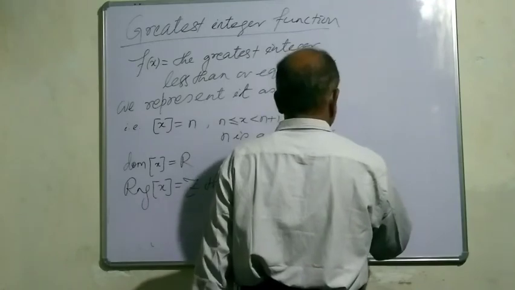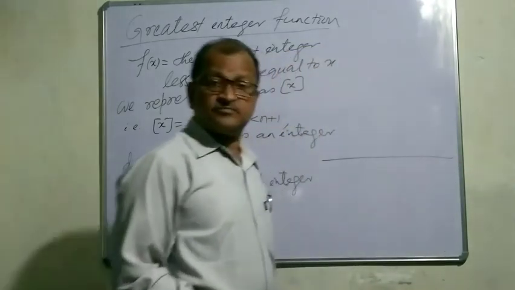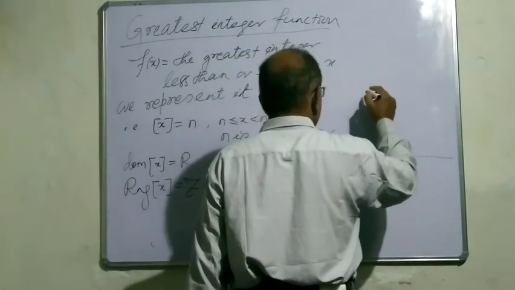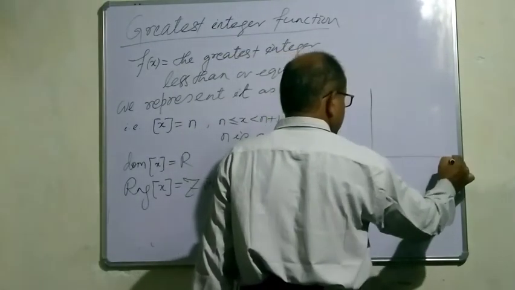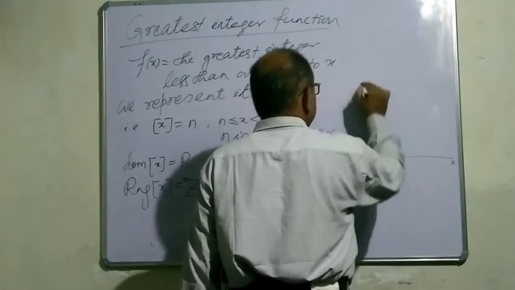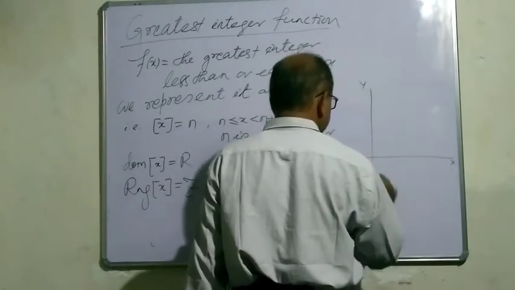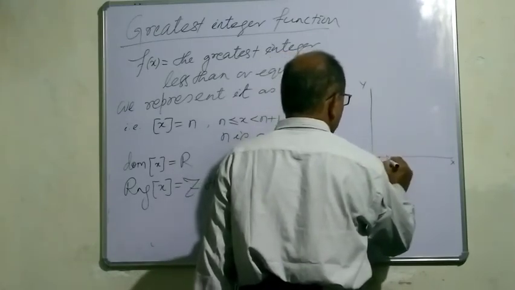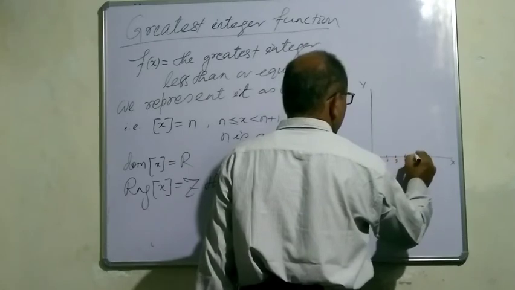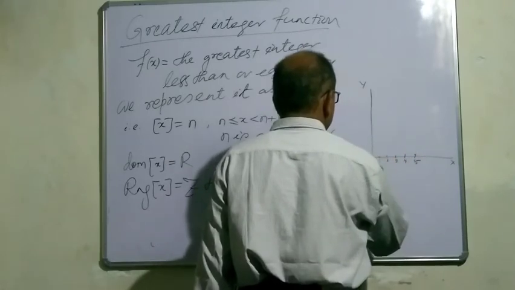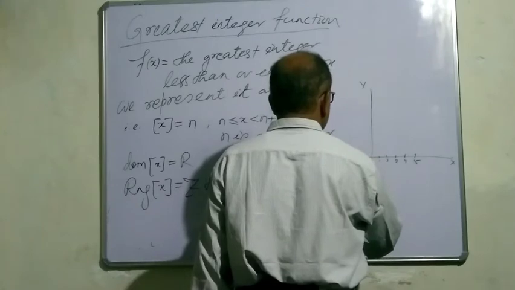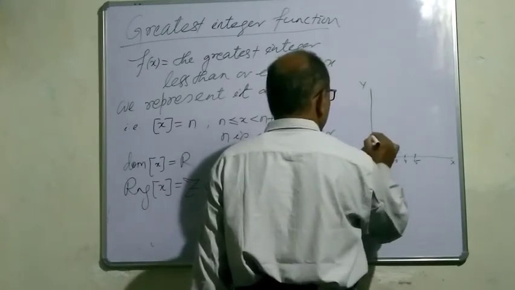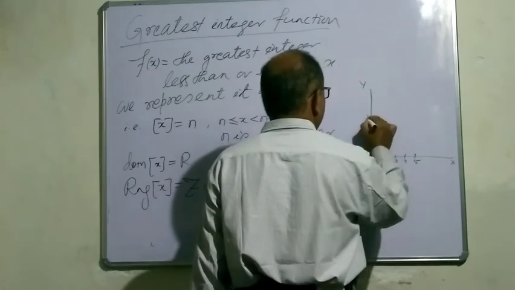Suppose, let us draw the coordinate axes. This is the x axis, this is the y axis. This is the origin. It is 1, 2, 3, 4, 5, and -1, -2, -3, -4, -5.